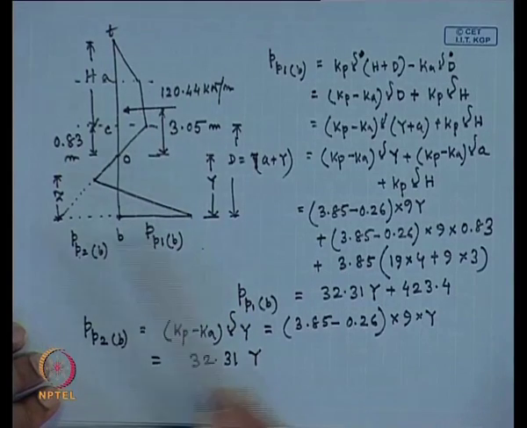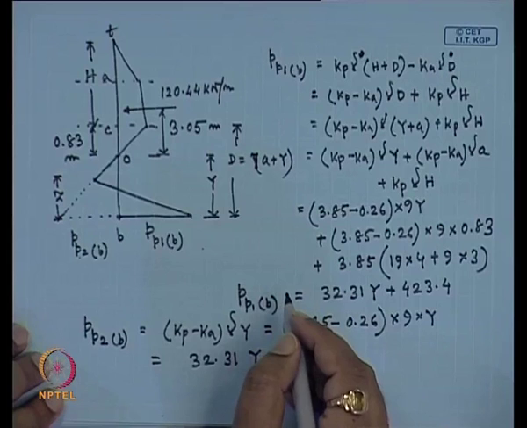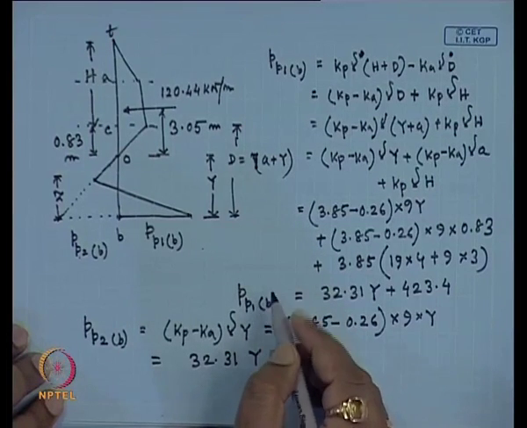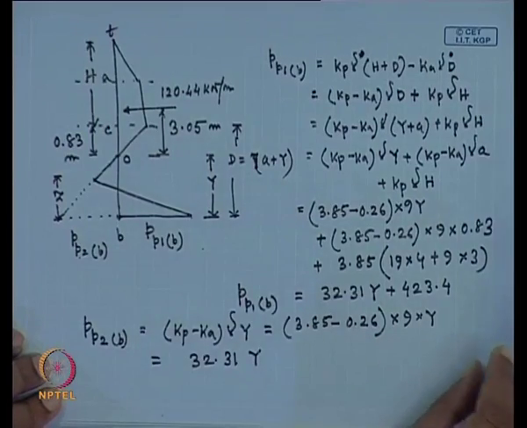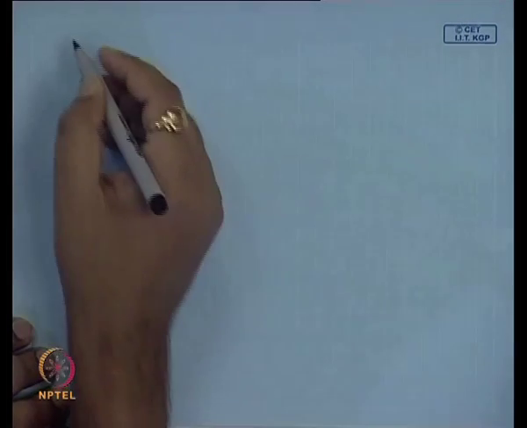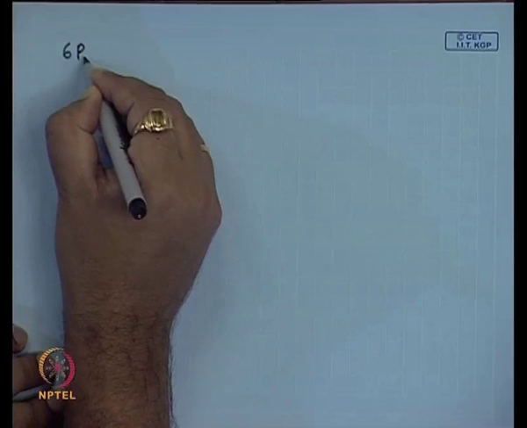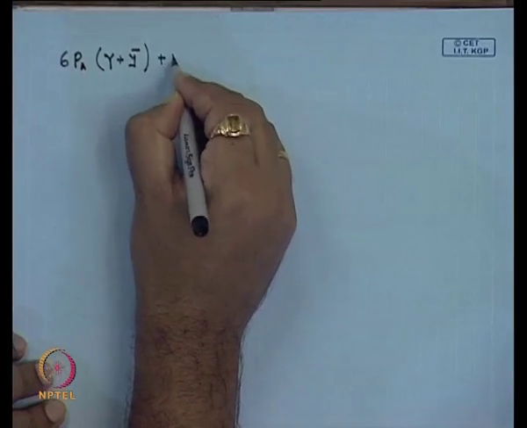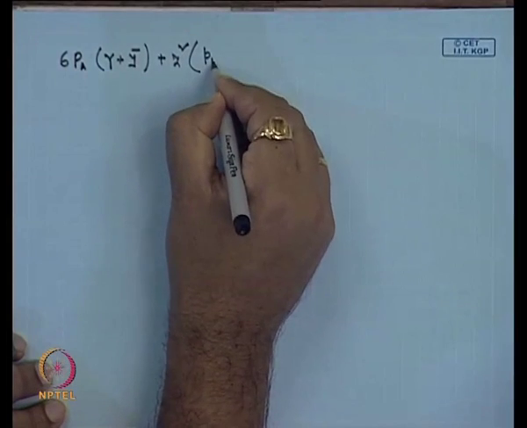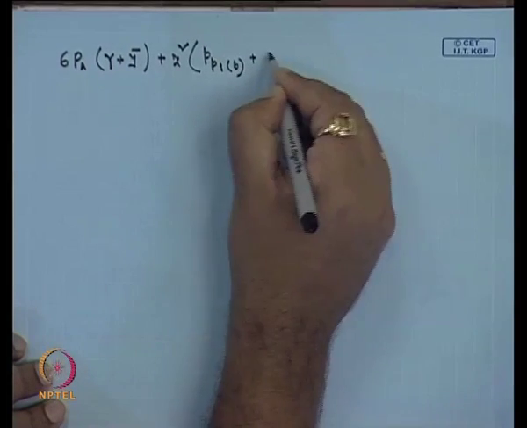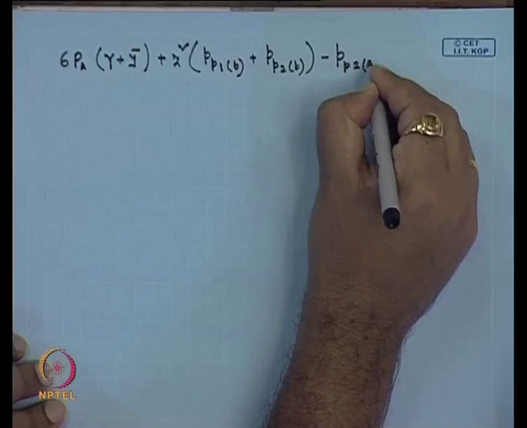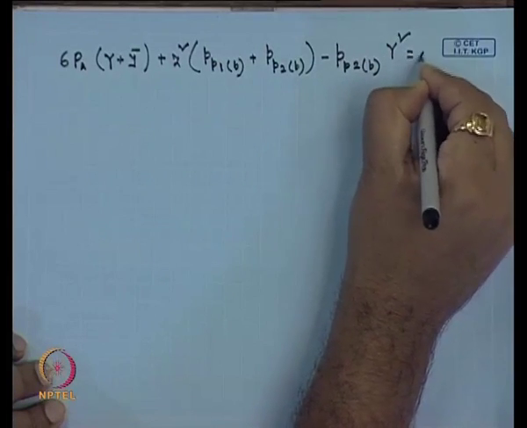These we will put into the general expression that I already derived in the last class, and then we will determine the value of D. The general expression is 6 P A into capital Y plus small y bar, plus Z square into P P 1 B plus P P 2 B, minus P P 2 B into capital Y square, equal to 0.